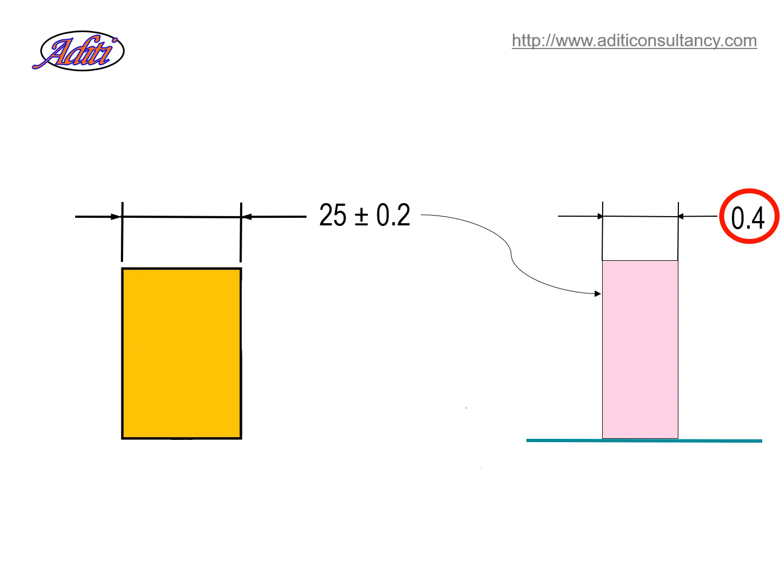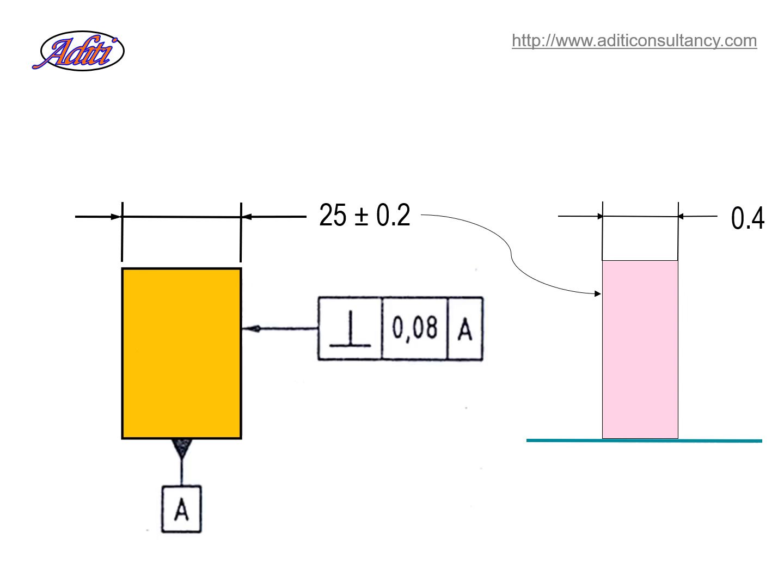Now if I don't want to allow this much error, the perpendicularity between these two surfaces, and I still want to allow thickness wise 0.4 mm, then I will try to specify a perpendicularity tolerance zone like this. Meaning of this is, the bottom surface is a datum, means the pot will get mounted on this surface.